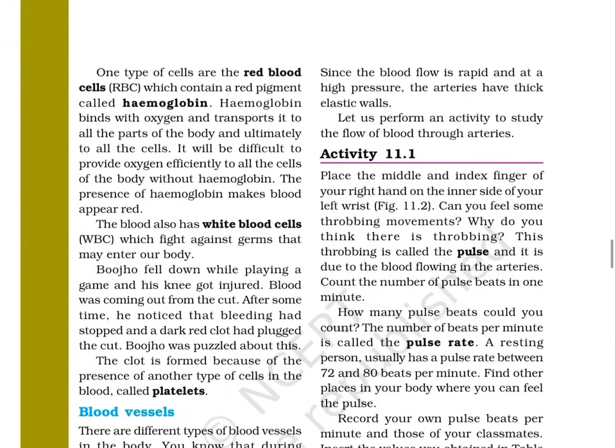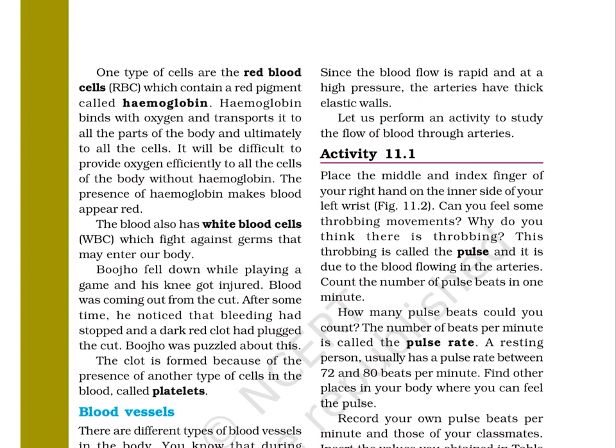Page 122. One type of cells are the red blood cells or RBC, which contain a red pigment called hemoglobin. Hemoglobin binds with oxygen and transports it to all the parts of the body and ultimately to all the cells.